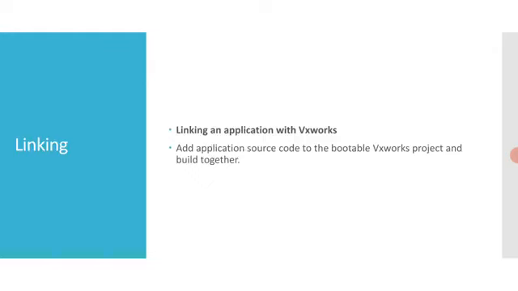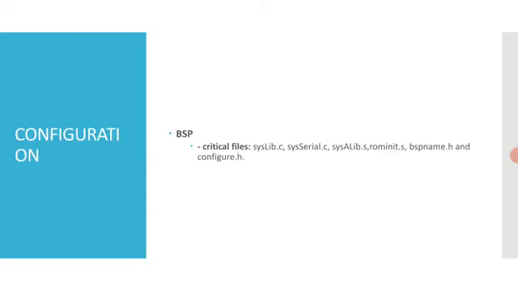Configuration for the board support package, critical files: sysLib.c, sysSerial.c, sysALib.s, romInit.s, bspname.h, and config.h. All the configurations required.